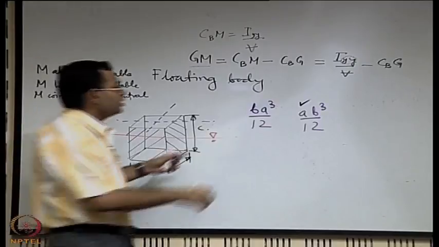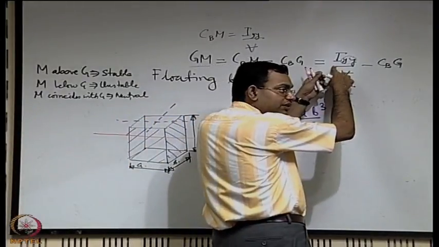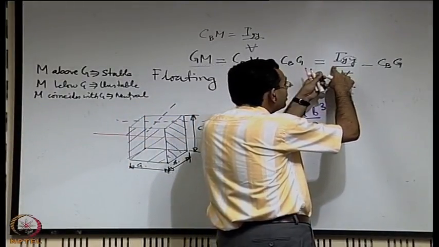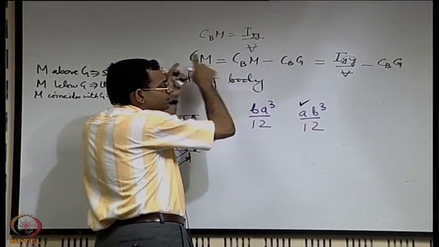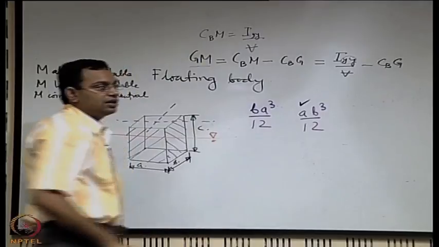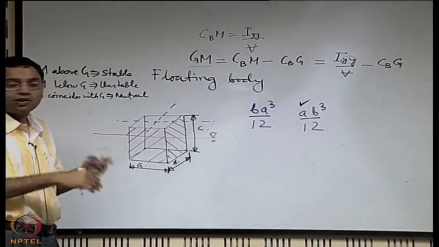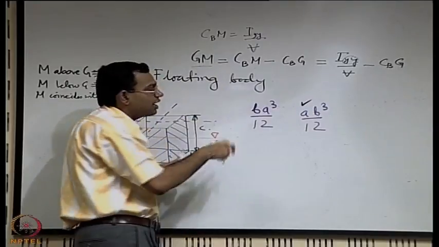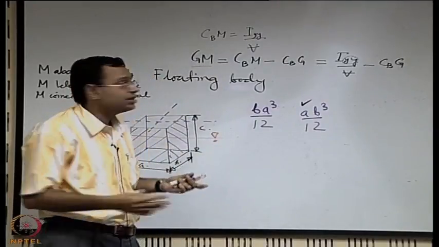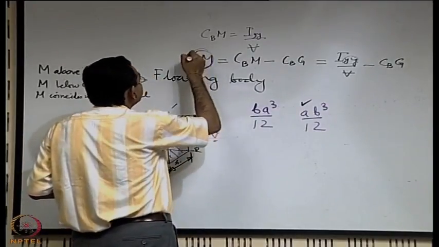Then when you substitute that in this expression and still you calculate this as positive, you are assured that it is safe, because with respect to other axes when you calculate the metacentric height it will definitely be greater. This is known as metacentric height.